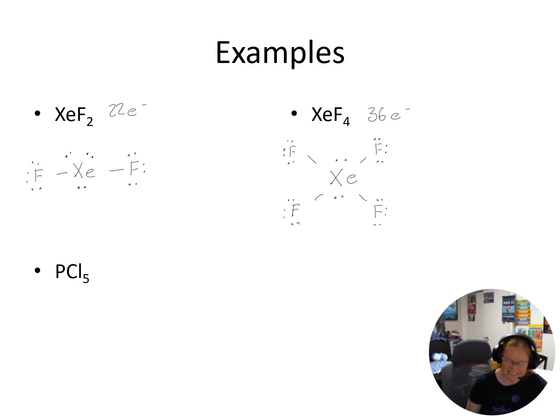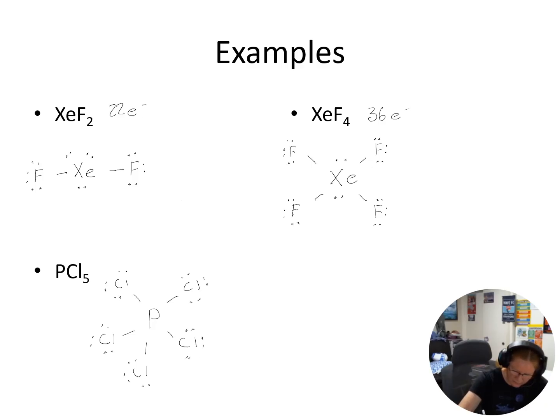Expand that octet. And then our last one here. Again, give those halogens their due, a surrounding. Voila, there's your expanded octet.